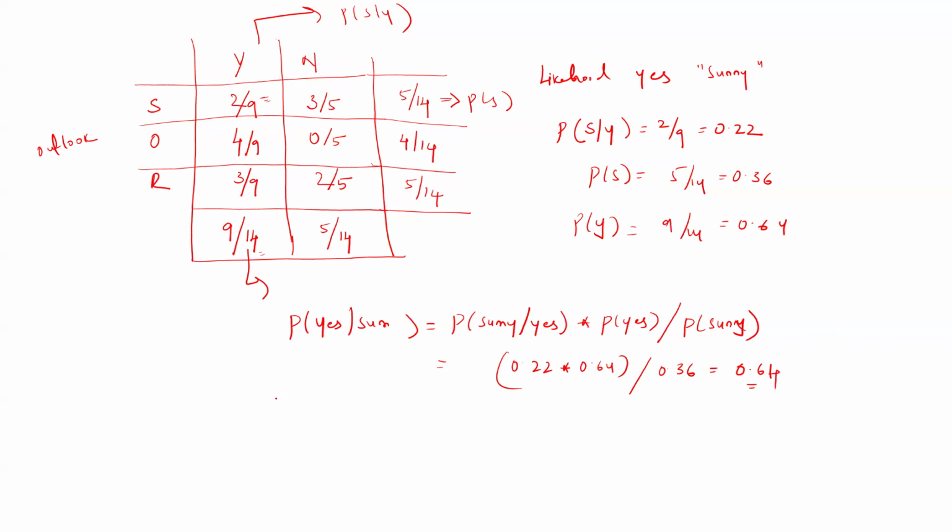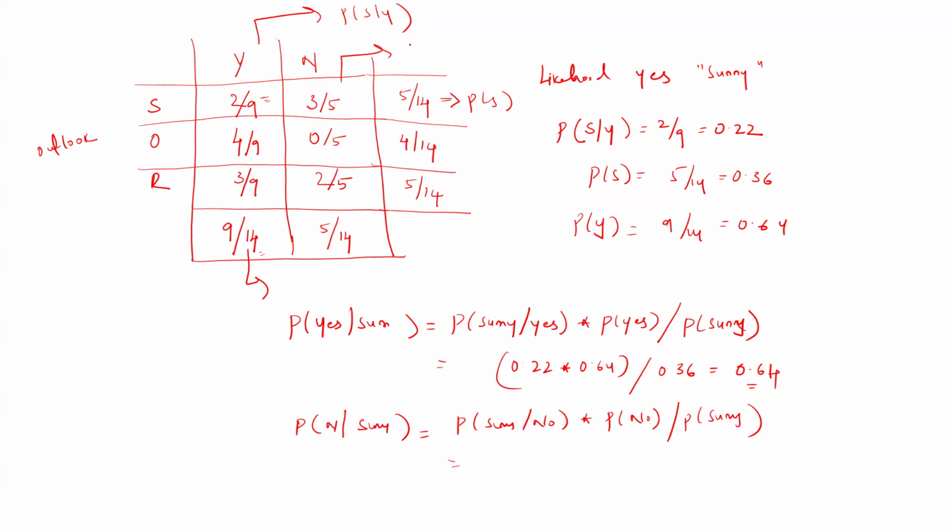Okay. Now similarly, we have to find out probability of no given sunny. So how we are going to find out probability of no given sunny? It is probability of sunny given no into probability of no divided by probability of sunny.